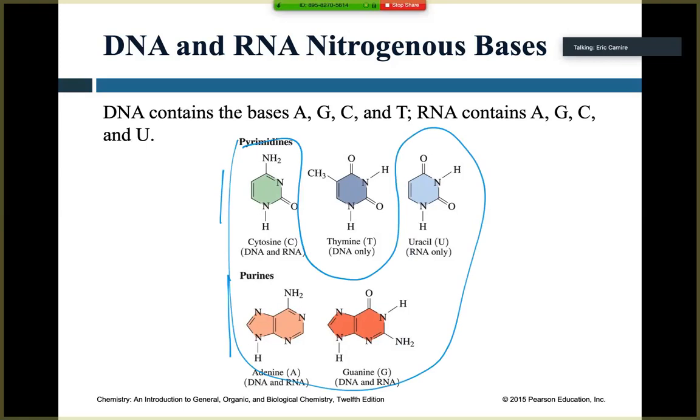It's one way that your body helps distinguish between DNA versus RNA. We'll talk about double helices versus single helices. But your body can tell the difference between literally one methyl group, which is used in thymine, which is only found in DNA, versus not having a methyl group in uracil, which is RNA only.